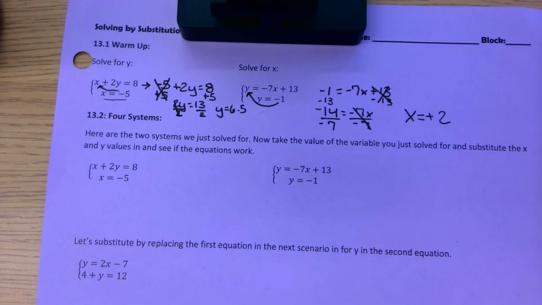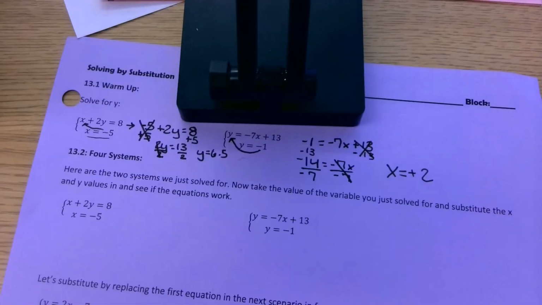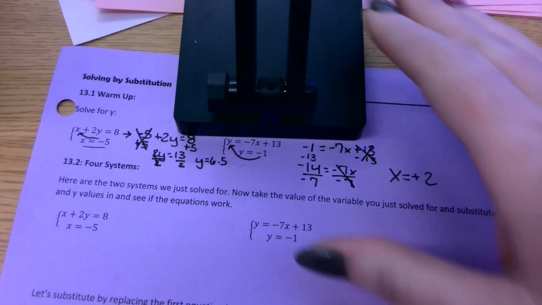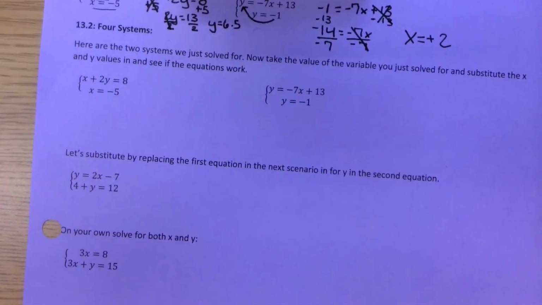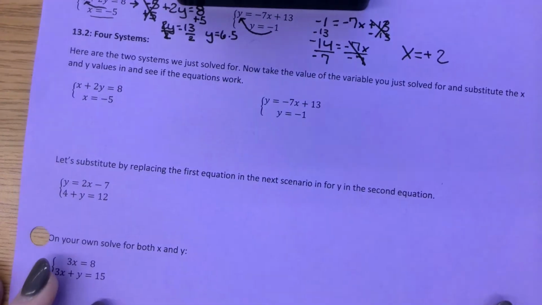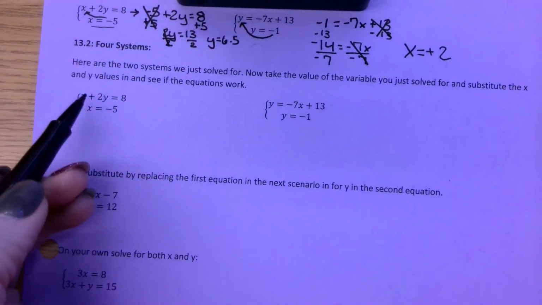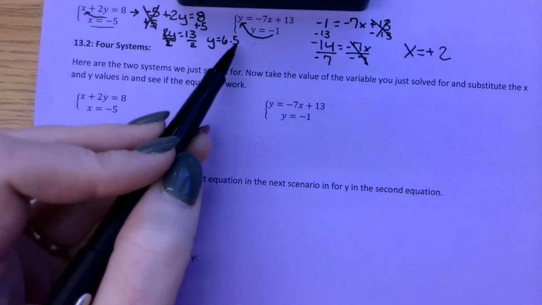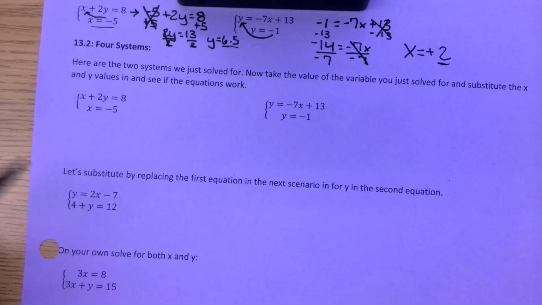Now let's take a look at the next section, where we're going to be substituting. We're looking at the same problems we just worked, but now they want us to take the variable that we got in those and substitute them in.